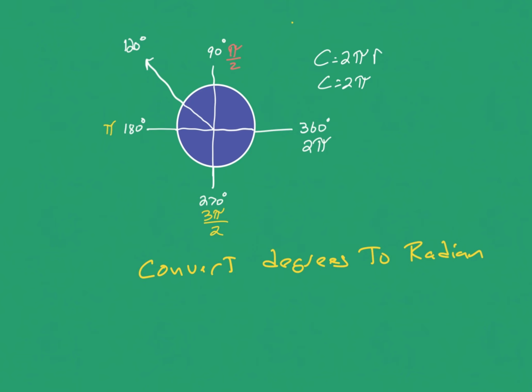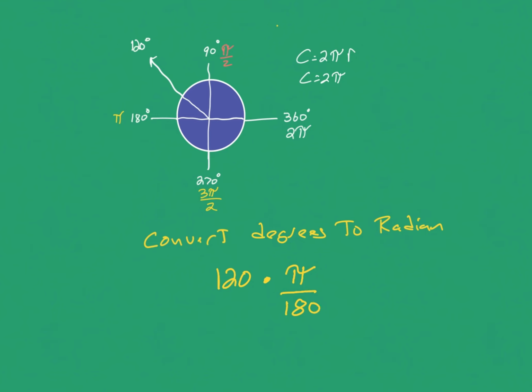There's a simple formula. You're going to take your degree, which I'm going to use the 120 degree that we have up there, and you're going to multiply that by pi over 180. So this is essentially your degree times pi over 180. This is how you convert from degrees to radians.